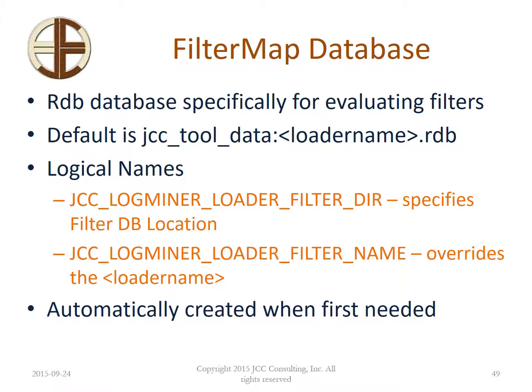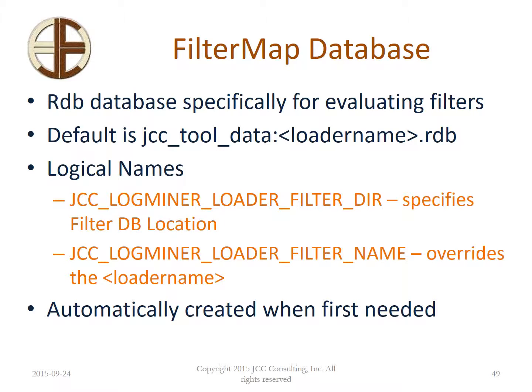The filter map database is created specifically for evaluating filters. The default is it's going to be in JCC tool data with the name of the loader name. We have several logical names: the LogMiner Loader filter dir and the loader filter name that override these defaults, so you can specify where you want to put the filter database.